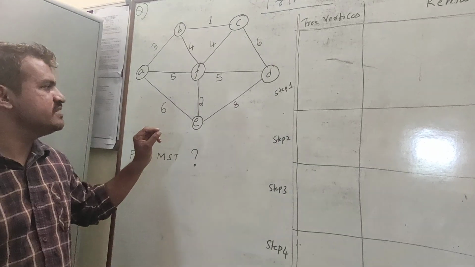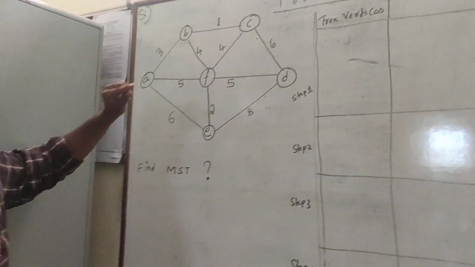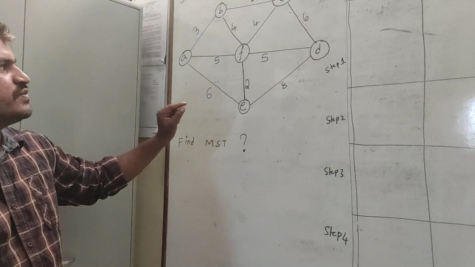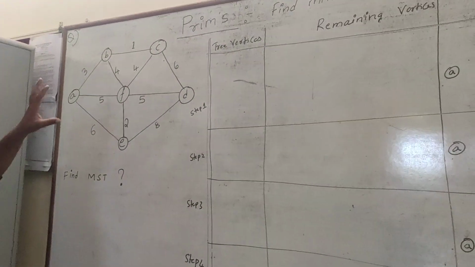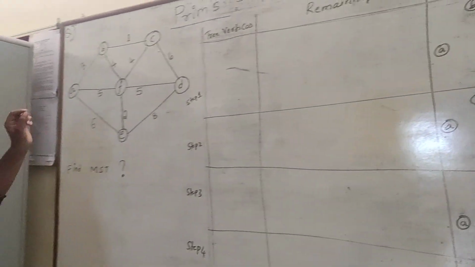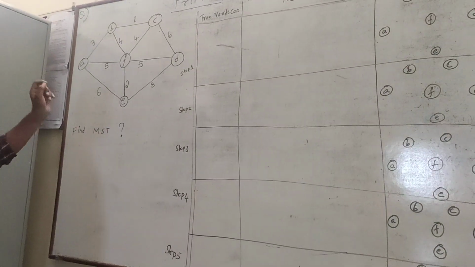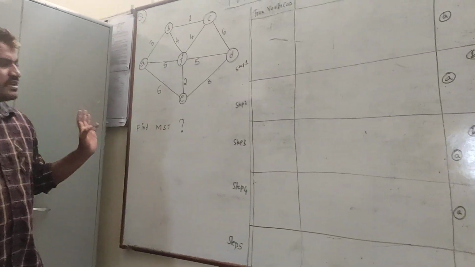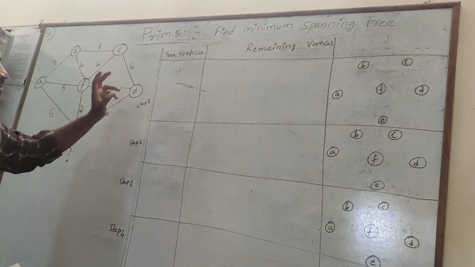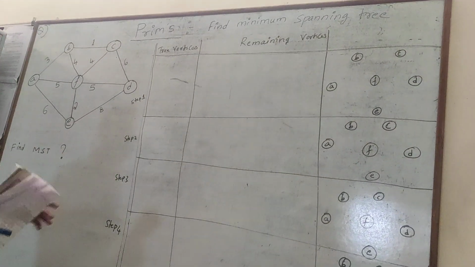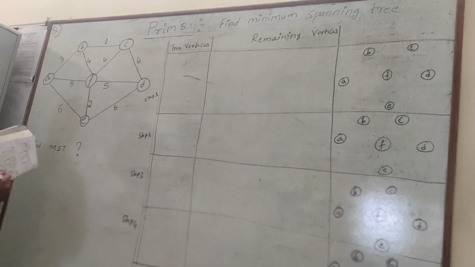A minimum spanning tree means a tree connecting all the nodes with no cycle and with minimum weight, and the number of edges will be n minus 1 if there are n nodes. When solving this problem with Prim's algorithm, how many steps will come? That depends upon the number of nodes.